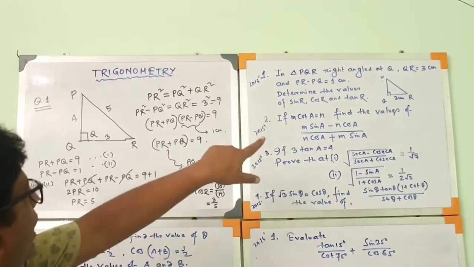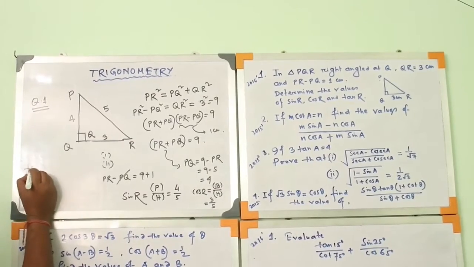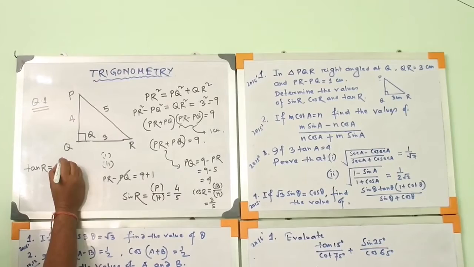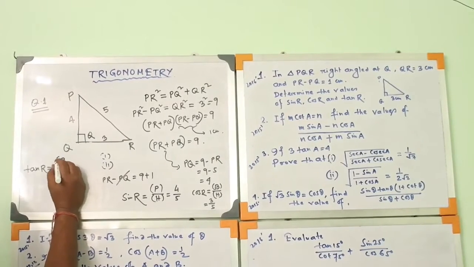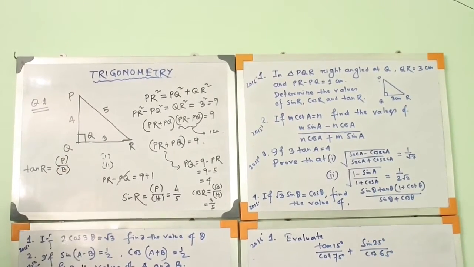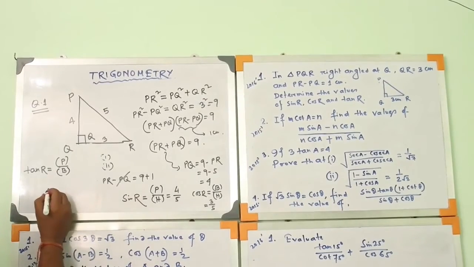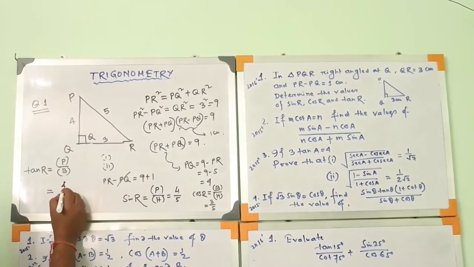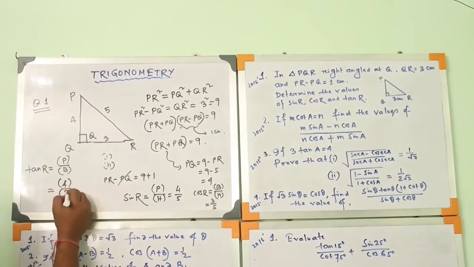What will be the value of tan R? Tan R is equal to P by B. P means 4 and base is equal to 3.